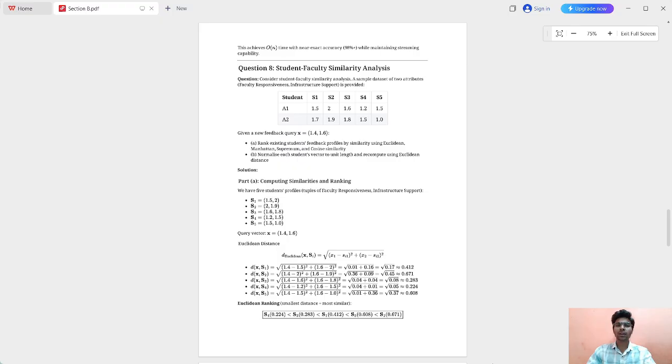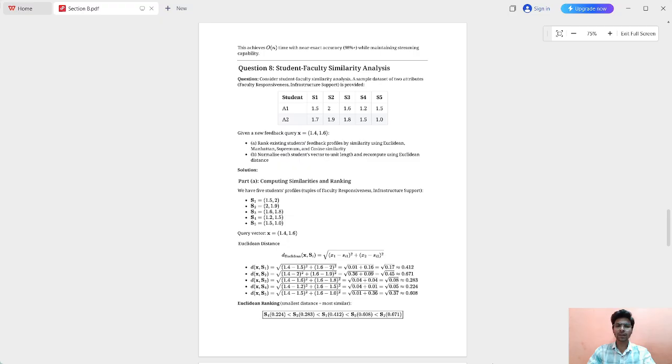Question number 8. Student faculty similarities analysis. The question says: consider a student faculty similarities analysis. A sample data set of two attributes, faculty's responsiveness and infrastructure support, is provided in a student table.